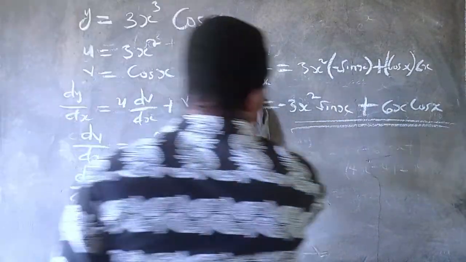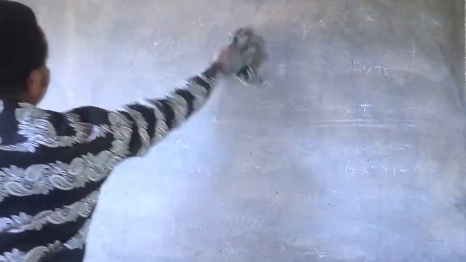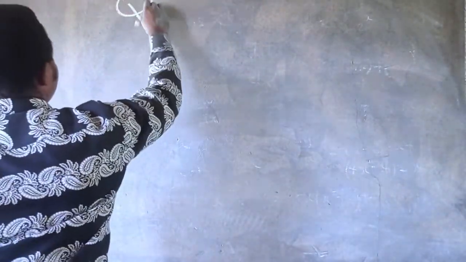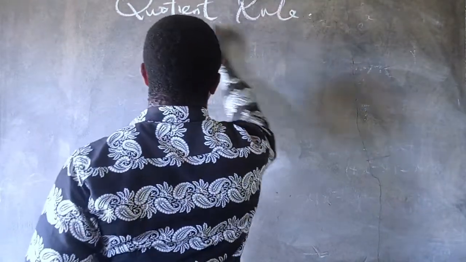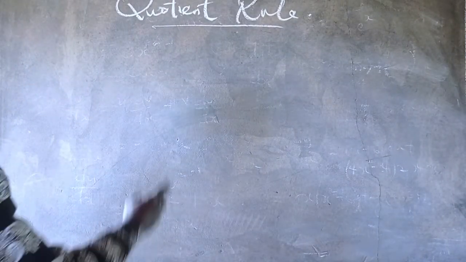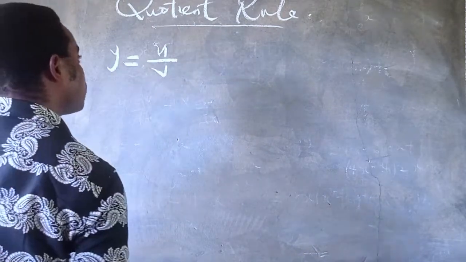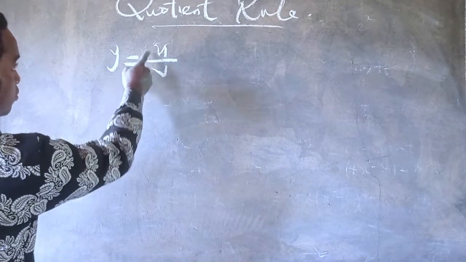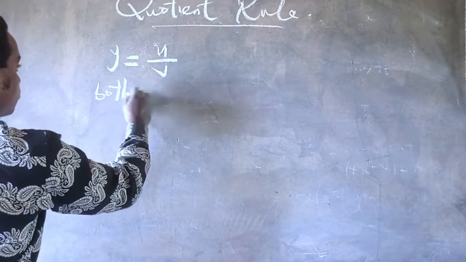Now let me wipe this off. Now let's go on and see the very last type of problem that I mentioned earlier on, which is the quotient rule. What is the quotient rule? This is the type of differential when you have y equals a quotient made up of two functions of x.